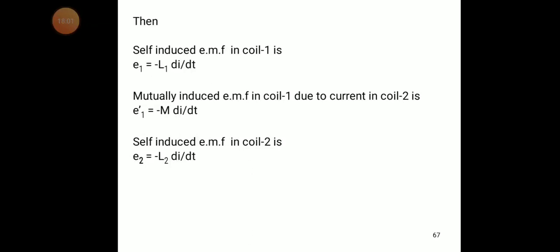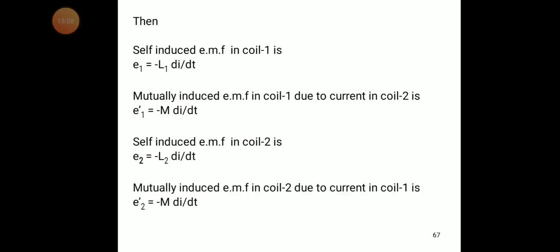Next, the mutually induced EMF in coil 2 due to the current in coil 1 is given by E2 dash equals minus M di by dt.